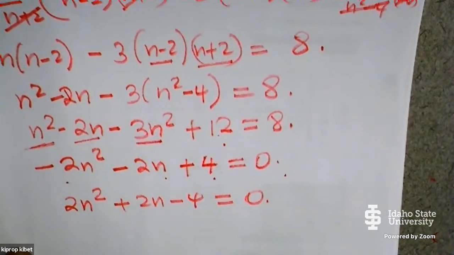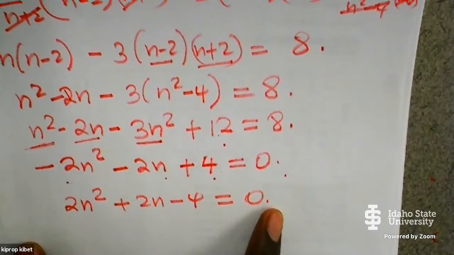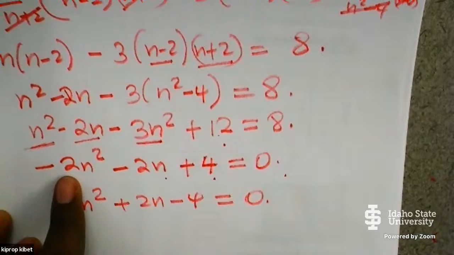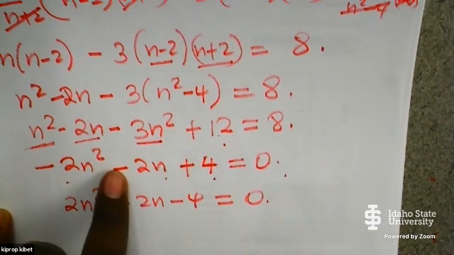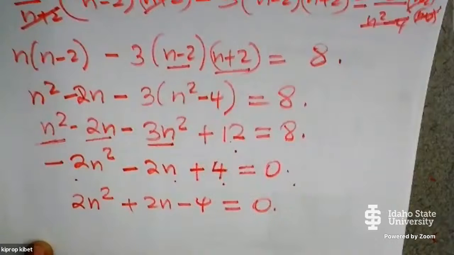When you multiply by negative from this side, you also do it on the other side, so it will still be similar.